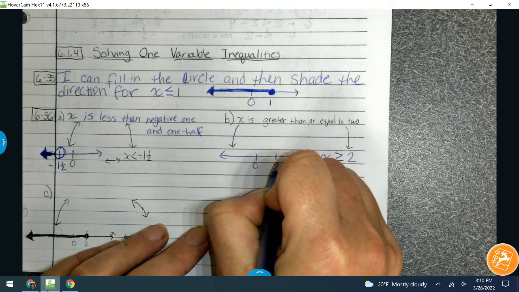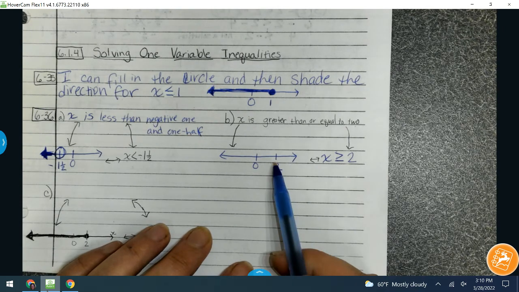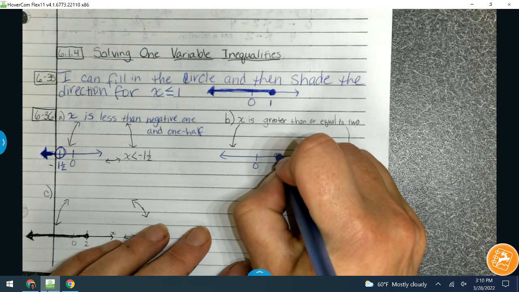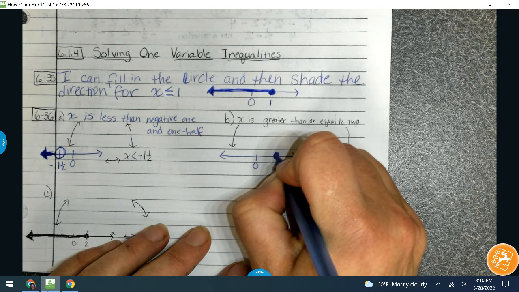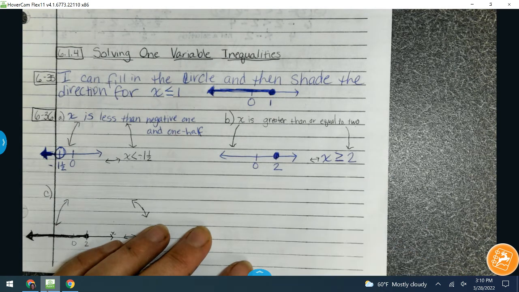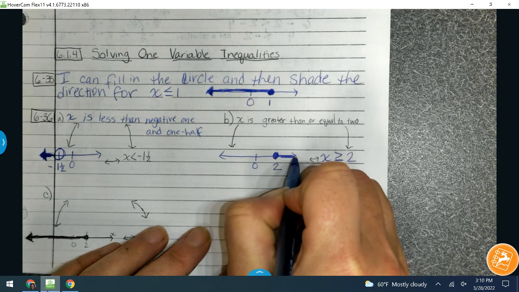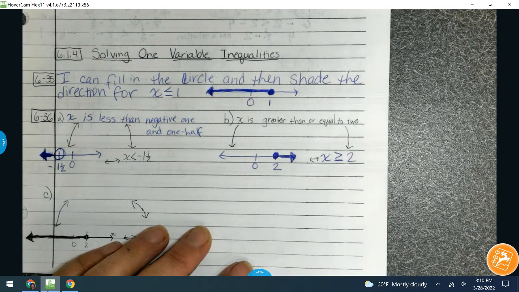Positive 2 is to the right of 0. Open dot or closed dot? This one is going to be a closed circle because we do have that equal sign. Am I going to shade to the left or to the right? X is greater than or equal to 2, so I need to shade to the right.